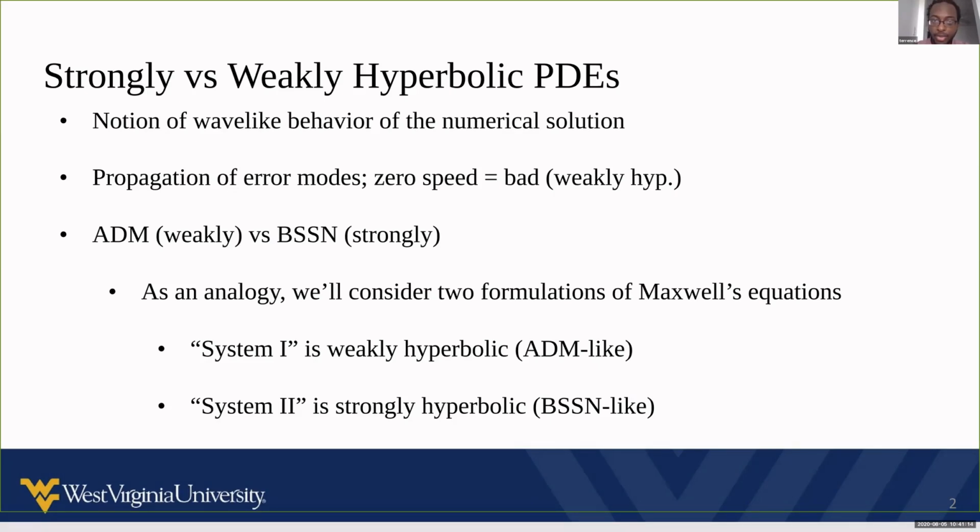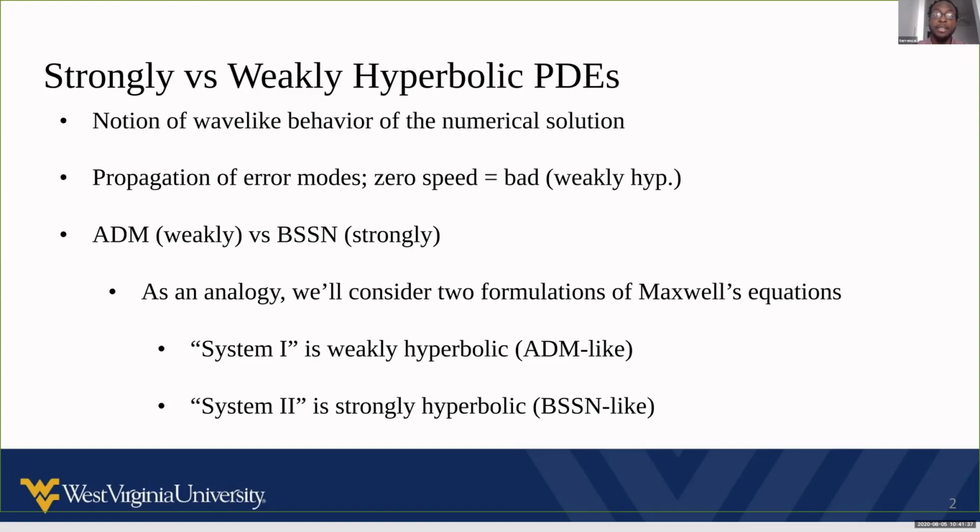A really nice example of this was in the 3+1 decomposition of Einstein's equations. When that first happened, using the ADM formalism, it turned out that formalism was weakly hyperbolic, and it led to a lot of instabilities to the point where you couldn't really evolve those equations for a long time.